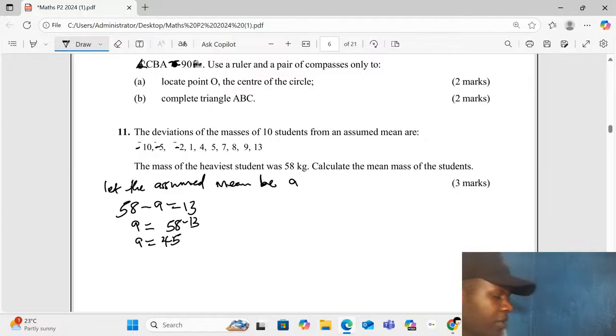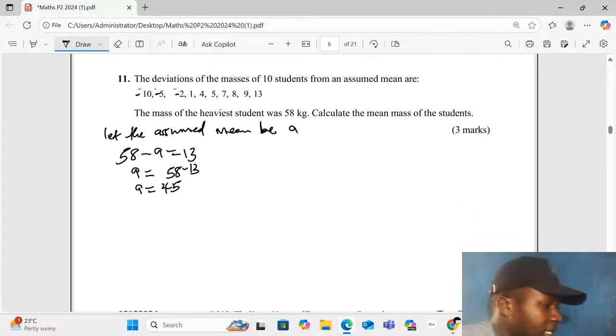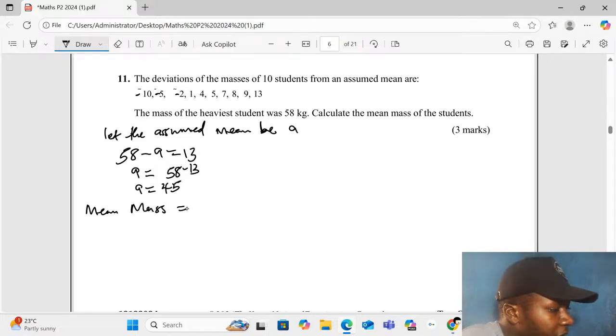Now, to find the mean mass, we're going to have the assumed mean, which is 45, plus the mean of the deviations.